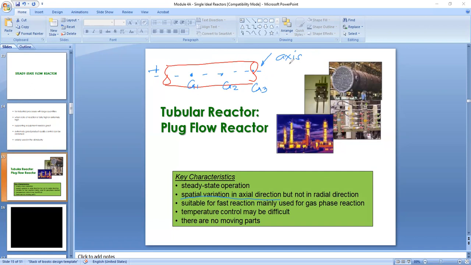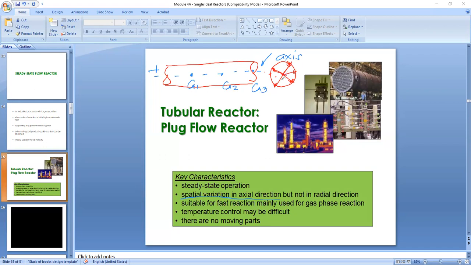If I erase this and draw here, this is a tube, so this must be a circle, and this is the radius of the circle, coinciding with the axis that we have here. Along the radial path, there's no variation in concentration.